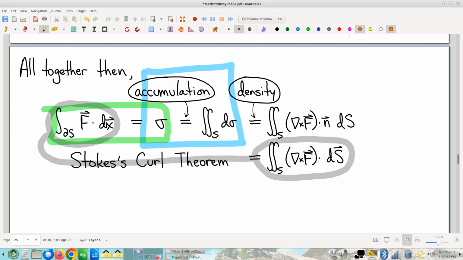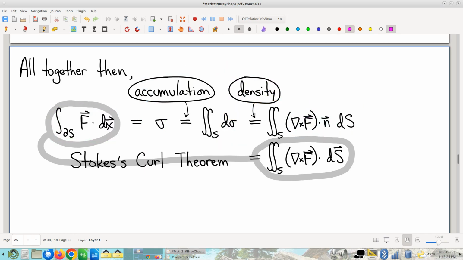Accumulating quantities have the feature that stuff is stuff per unit size, namely density times size. dS, of course, represents the size of a little piece of a surface. It's our usual sort of argument we've made several times in several contexts, but this is how you can argue when you have an accumulating quantity. And, well, boundary circulation is an accumulating quantity. And so we end up with a theorem.